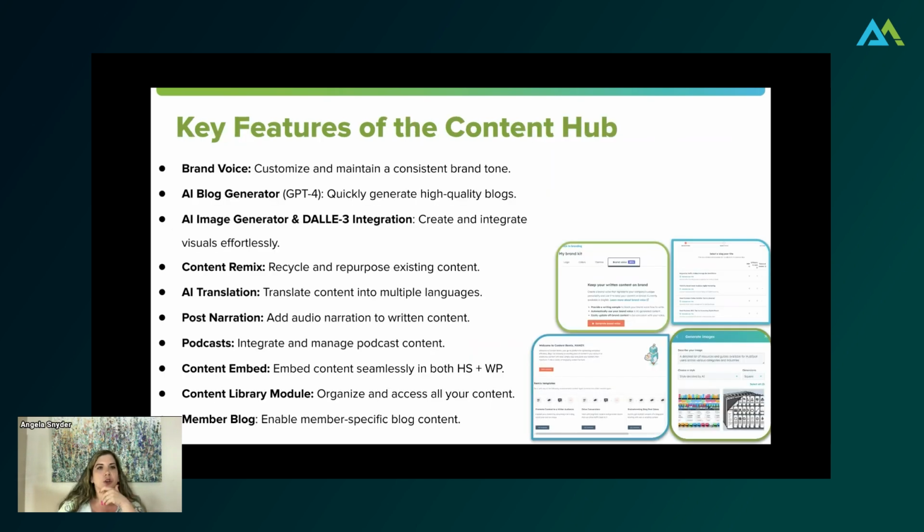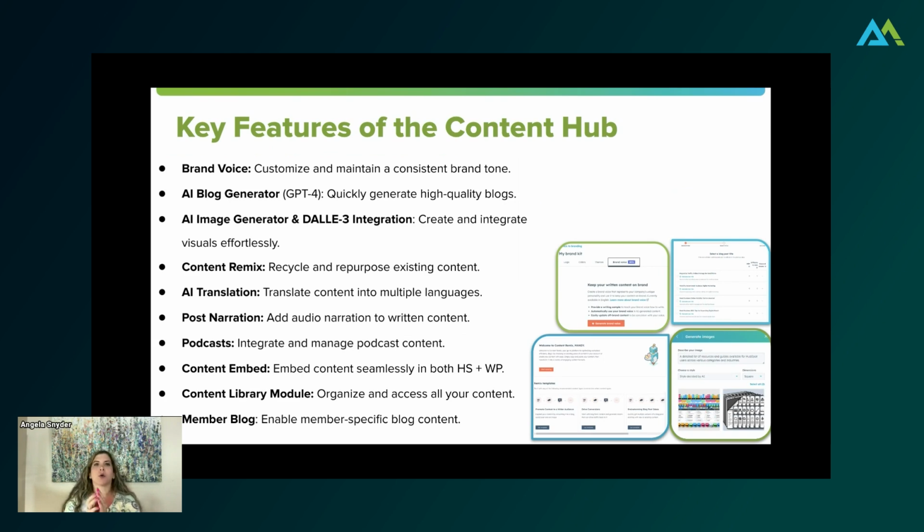All right, key features of the Content Hub. Let's take a look at those. You'll see a whole bunch here for you. So we've got the AI-powered blog generator, also the content remix feature, which is one of my favorites. I think that's really cool, and I'm excited for you to see that in action today. All of these tools will help you leverage AI and streamline your content management processes.